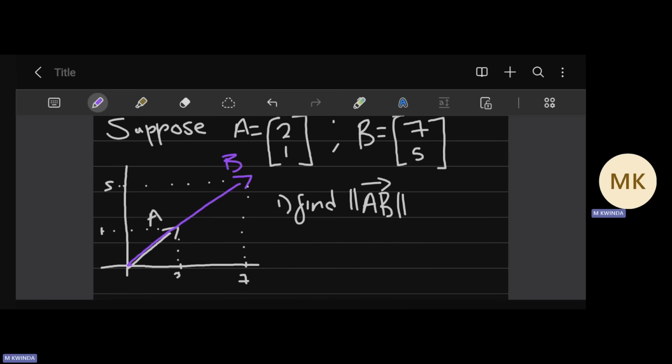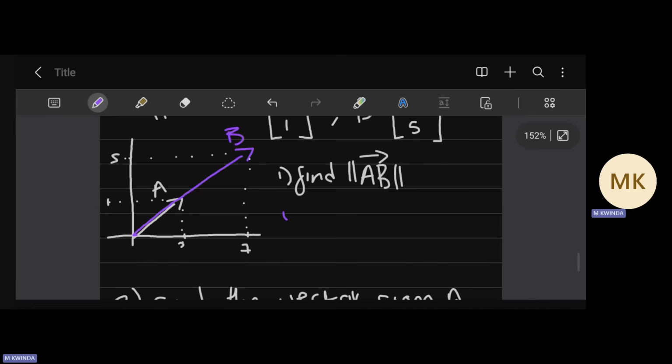They're saying to us here, we have to find the magnitude of AB, and obviously we've learned now, because you have 2 points that you're dealing with, you would want to use the length formula.